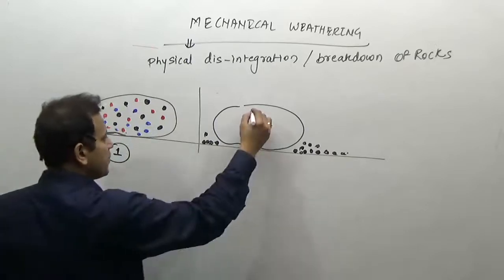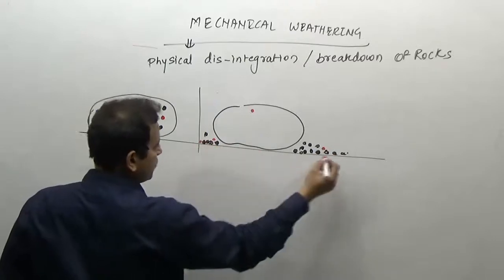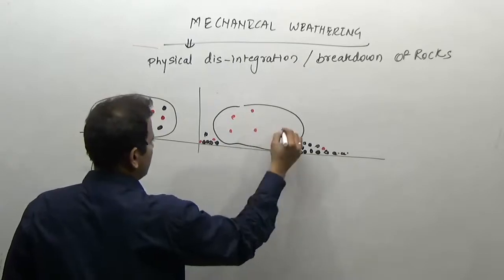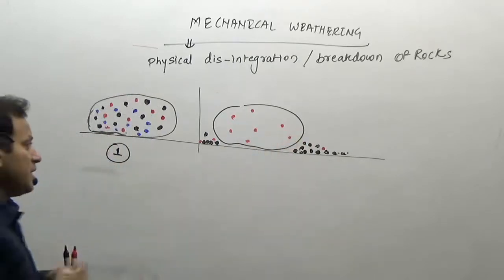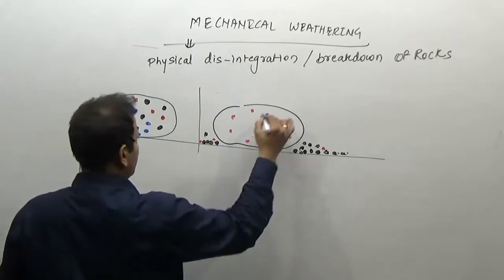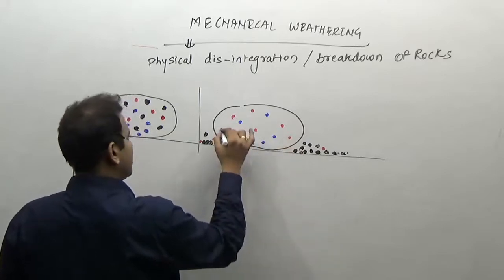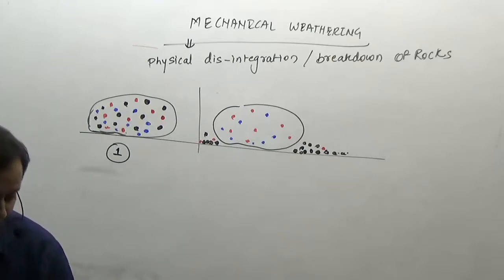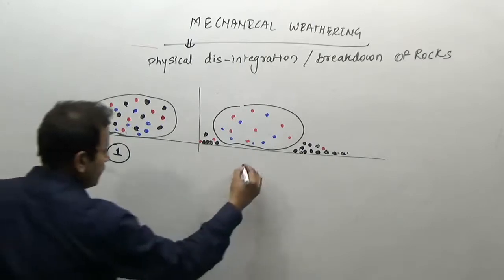Some lighter granules may also fall off, but mostly it will be darker granules. So we will see that the rock is generally now made up of only light colored granules, while the darker granules fall off due to alternate expansion and contraction of the rock, and it will look as if someone has pierced the rock, made holes in the rock. Such kind of a disintegration is known as granular disintegration of a rock.